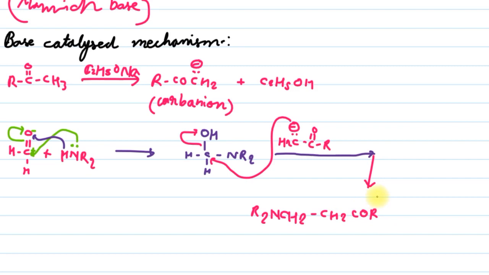This is the final product of the base catalyzed mechanism of the Mannich reaction. The most favorable mechanism is acid catalyzed.